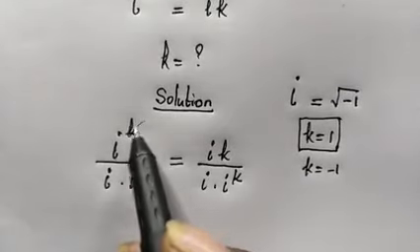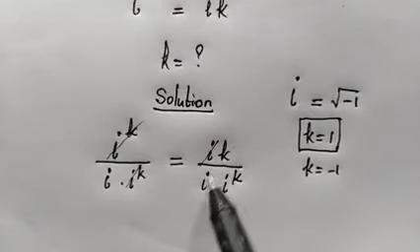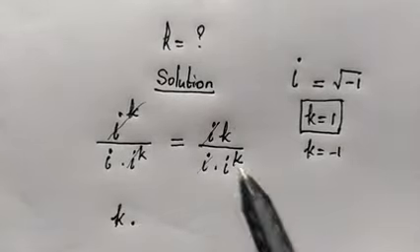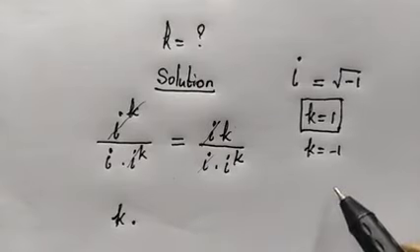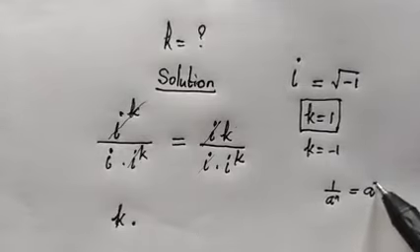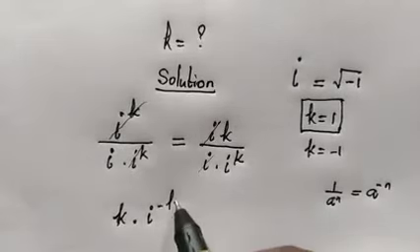From here we have this nice cancellation, and from here we have this nice cancellation. So from the right hand side we have k times 1 over i to the power of k. If you use this law of exponents, 1 over a raised to the power of n is equal to a raised to the power of -n, this becomes i raised to the power of -k.